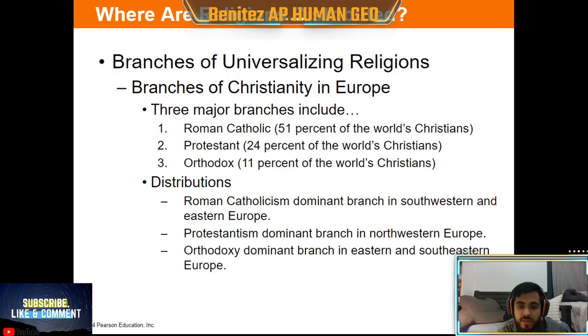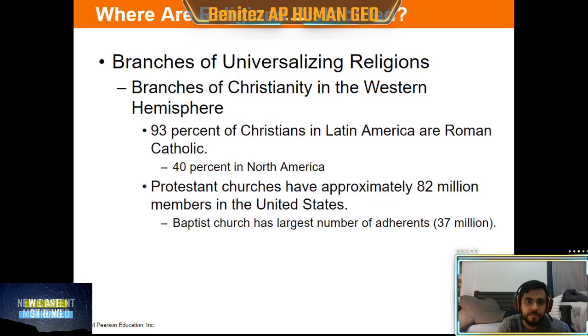Many of the Protestants, you will find in northwestern Europe. The Orthodox branch, you will find in eastern and southeastern Europe, closer to Russia. So Spain and France are Catholic, but if you go to Germany or the UK, you will find mostly Protestant Christians.